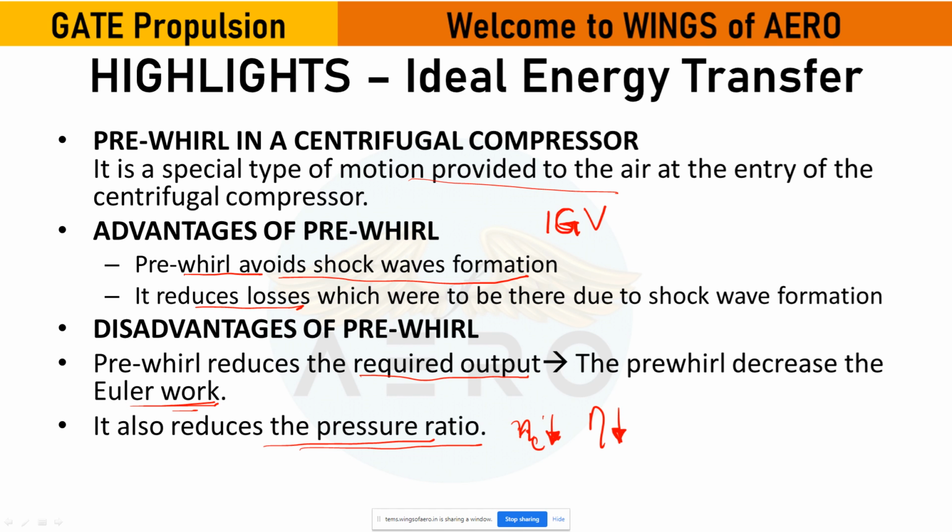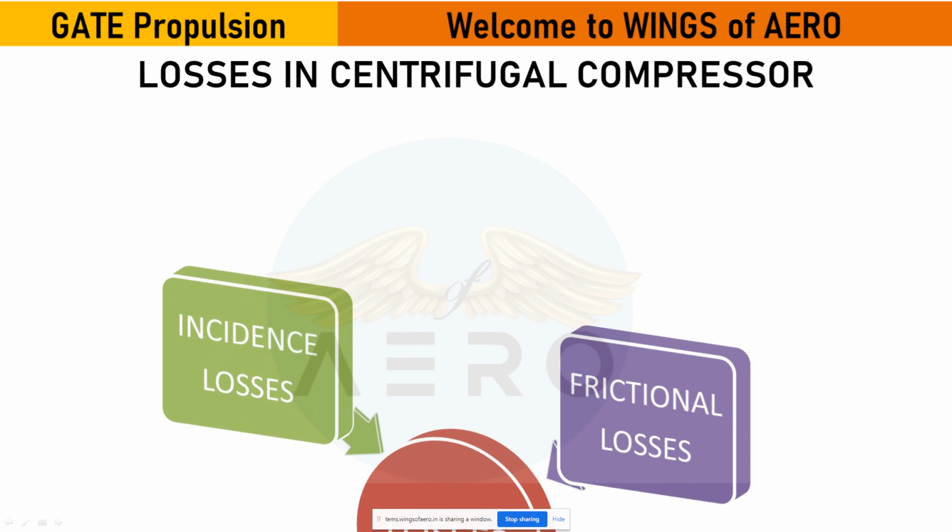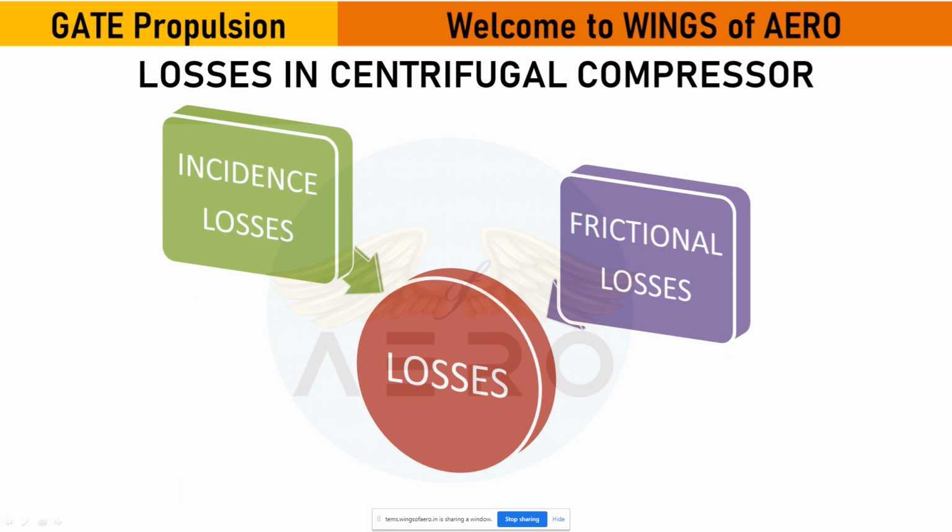Then coming to the next topic, losses of centrifugal compressors. There are basically two different losses. One is the incident loss, another is the frictional loss.